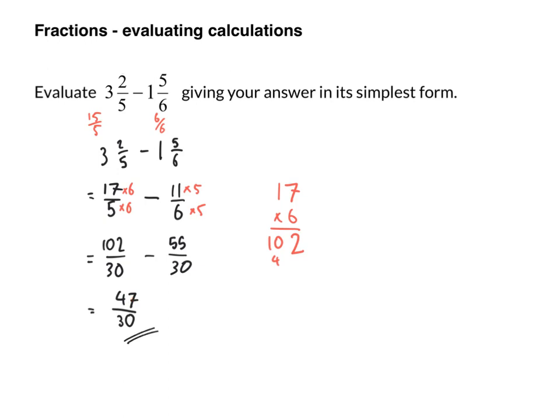That is a perfectly acceptable answer. You do not need to convert that into a mixed number again, unless the question tells you to. If you wanted to do that, you go 30 goes into 47 one whole time with a remainder of 17.